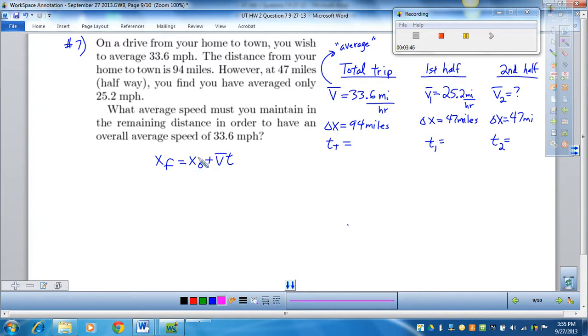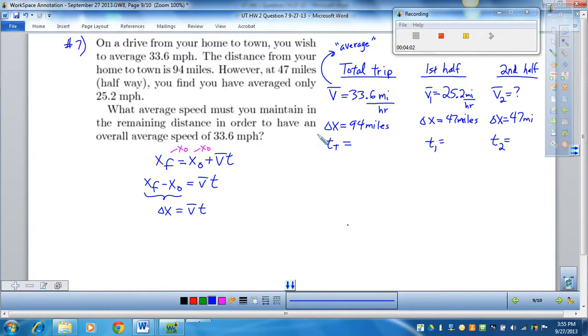If I subtract original position from both sides, I get final position minus original position equals average velocity times time. Final position minus original position is my change in position. That relates the three variables I've got: change in position, average velocity, and time. So this is going to be useful for those times.